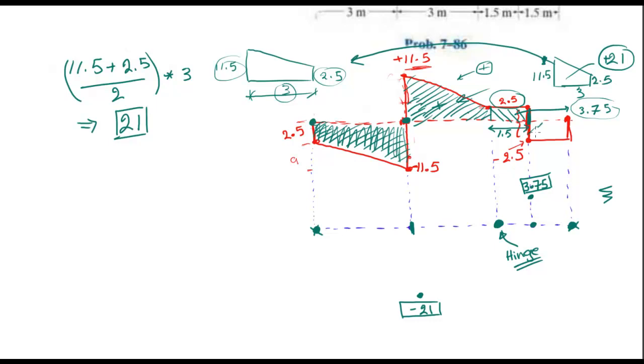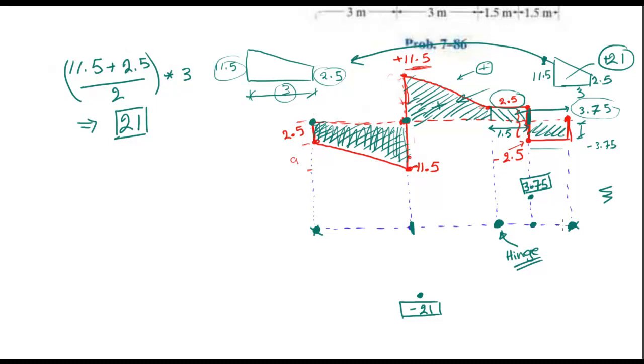You calculate this area, which is 1.5 times 2.5 again, but it's a negative value, so it's negative 3.75. If you sum up the areas, these areas cancelled before, and we have now positive 3.75 and negative 3.75. They cancel, so they add up to 0. So we start with a 0, go minus 21, go back to 0, positive 3.75, and back to 0.